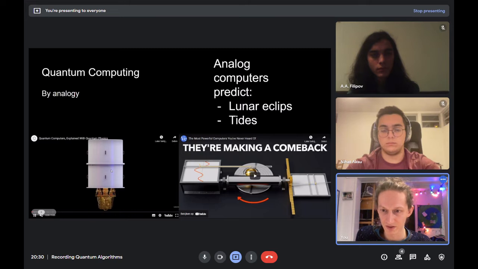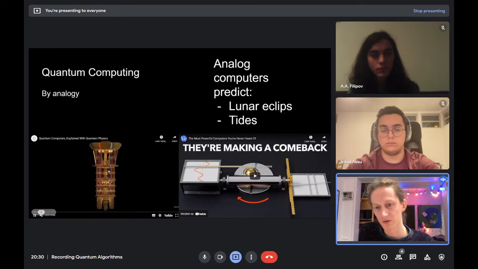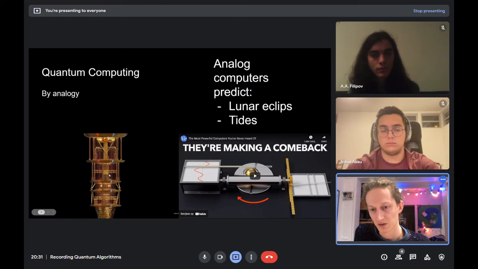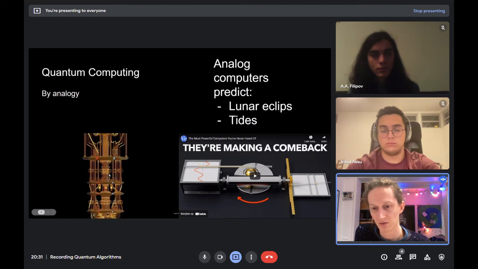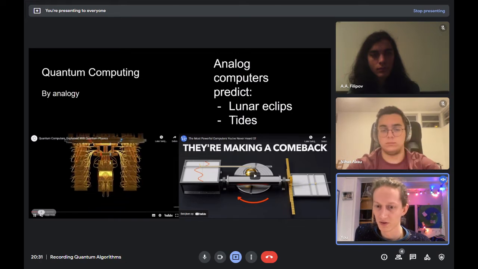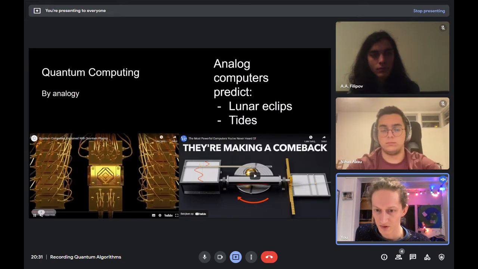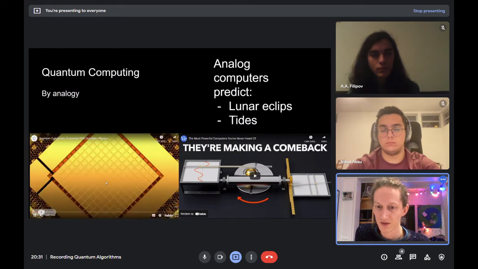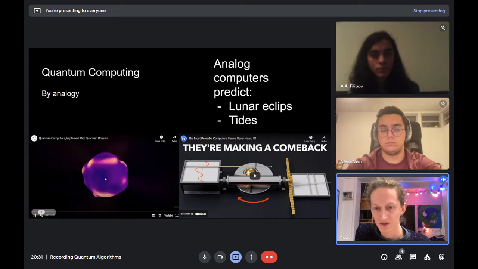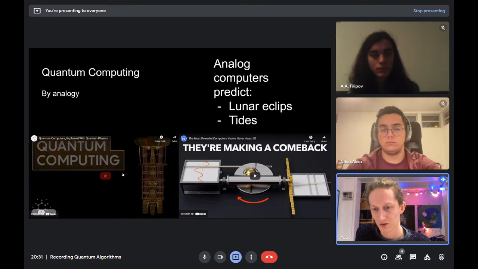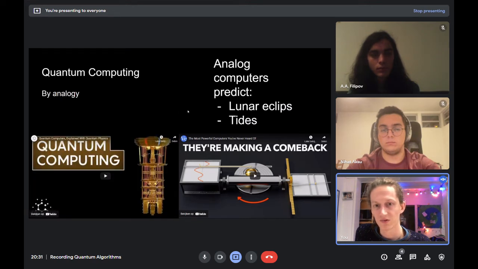But similarly, we can build a quantum computer which is analogous to the quantum problem we try to solve, in this case, like the molecular orbitals of a molecule. So inside this helium-cooled thermostat, we have the quantum computer with our qubits, and these qubits are linear combinations of ones and zeros, both of them at the same time.